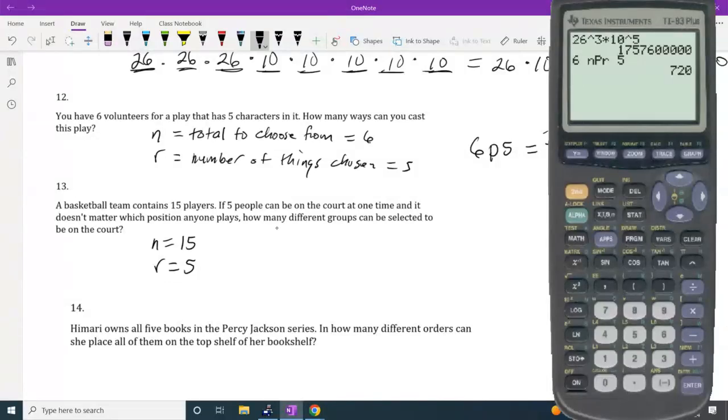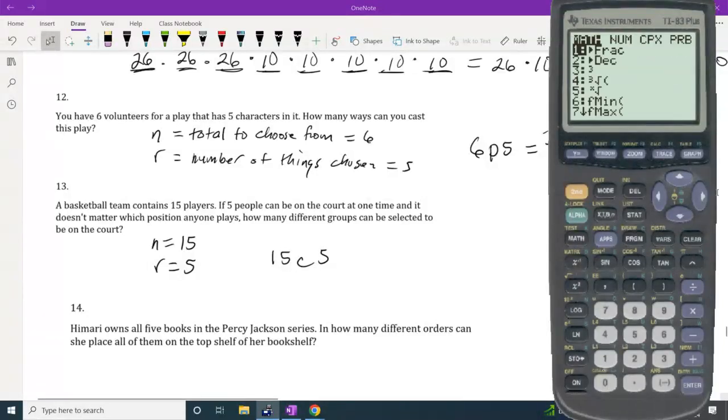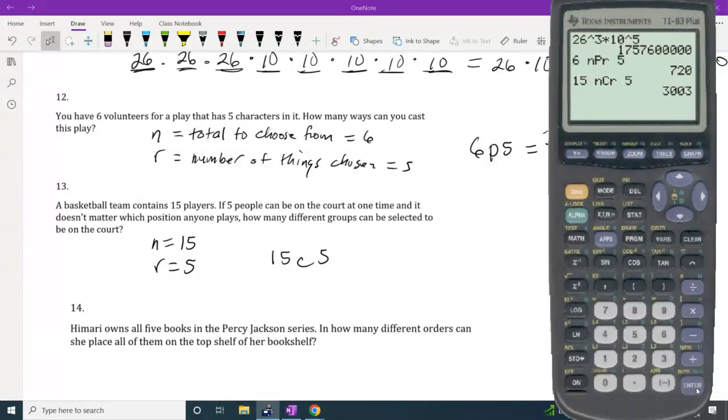So we're going to put this in the calculator as 15 combination 5. So this is 15. I'm going to go over to probability. I'm going to choose that third function, which is combination. Out of those 15 people, we want to choose 5. So we get 3,003 different possible combinations.